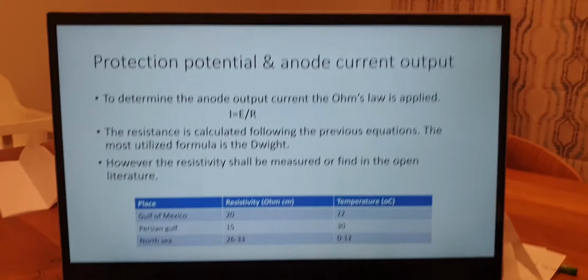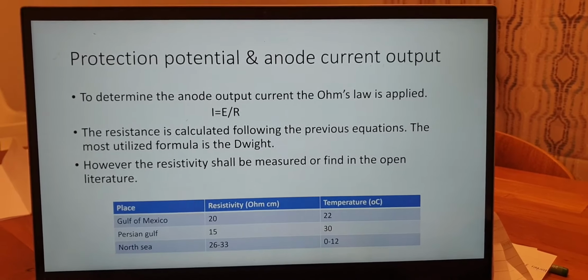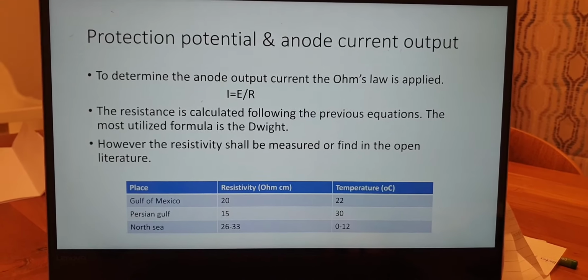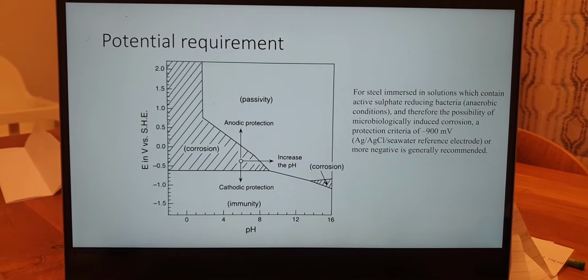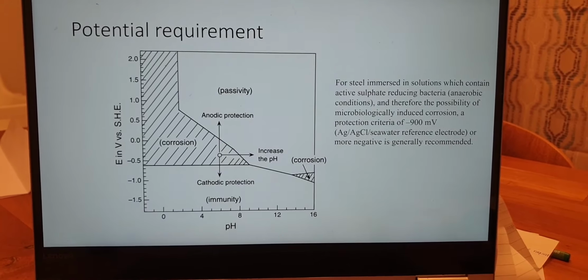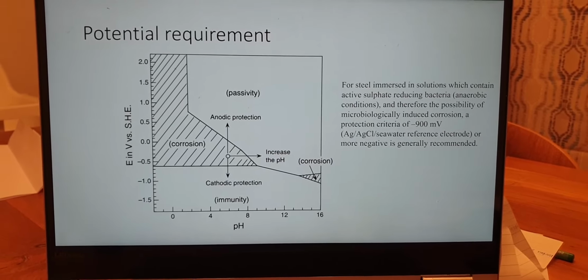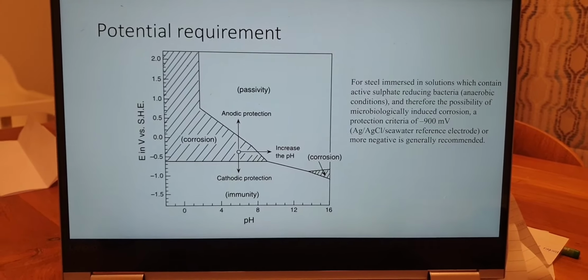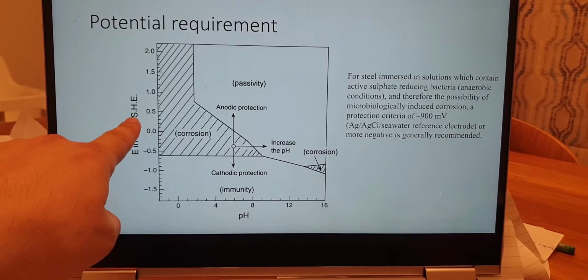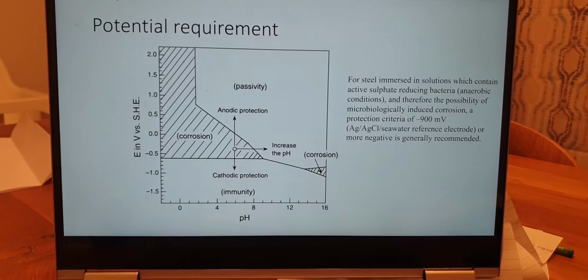But what about the potential? Which potential do we need to utilize to calculate Ohm's law? So this potential requirement, remember, when we saw thermodynamics, we identified the potential of protection, as we see there. The cathodic protection is when we reach a potential versus the standard hydrogen electrode of minus 0.6.